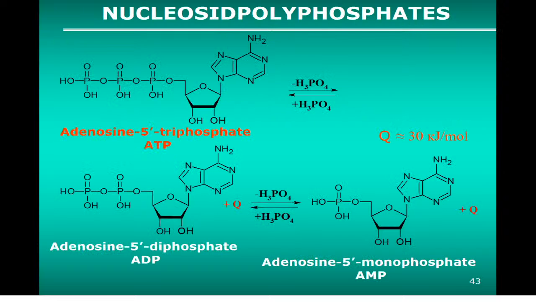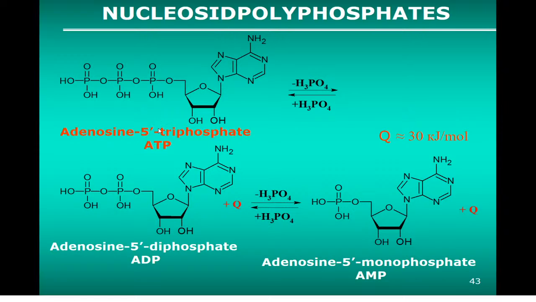So one of the very important questions you should know how to answer is the hydrolysis of ATP, one of the important nucleotides. We deal with it not as a structural part of nucleic acids. So ATP hydrolysis. ATP is adenosine 5-triphosphate.